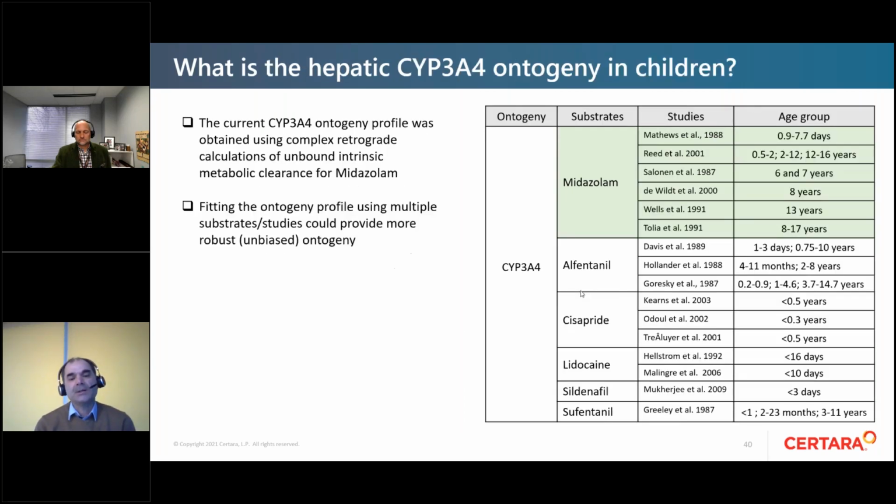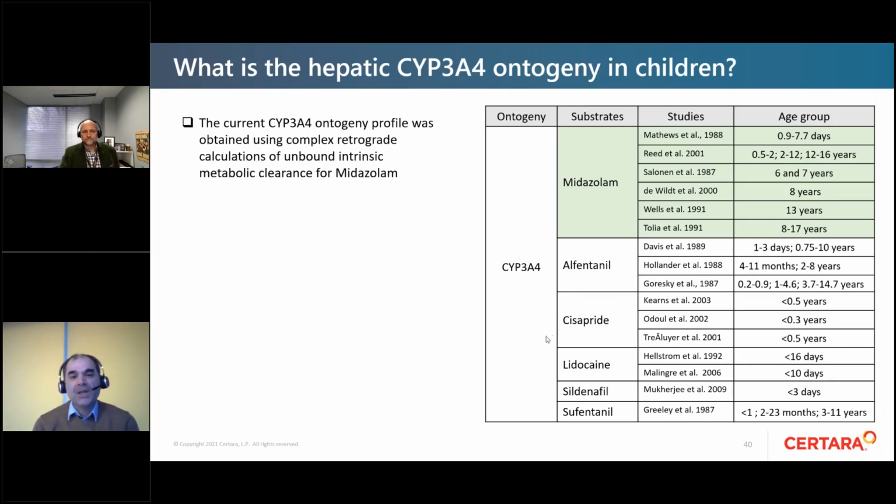In the next slide, we have shown a very common case: if you want to predict drug PK in a special population like pediatrics, then you have to know the ontogeny of 3A4. There are several different publications that have come up with several profiles for 3A4. In our case, we have used midazolam through different studies.